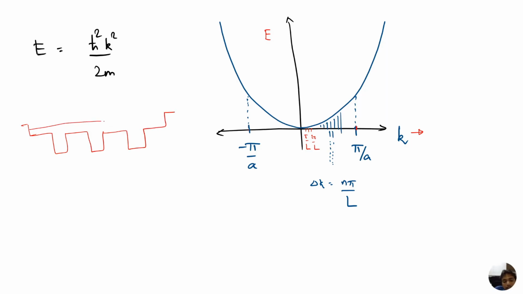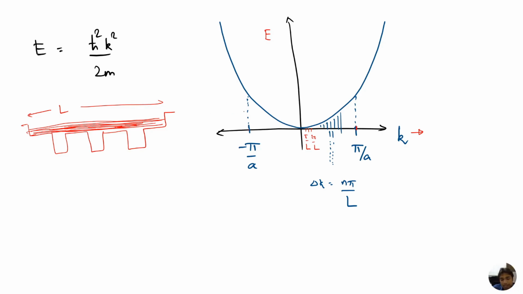So nearly free electrons will have energy level somewhere here, right? So it is enclosed in a length L, the nearly free electrons.